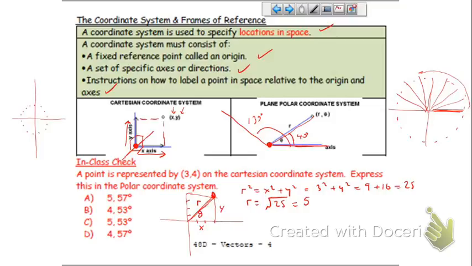And then what's this angle? Well, you go tan theta is equal to y over x, which equals 4 over 3, which equals 1.3 recurring. So theta is equal to tan to the minus 1 of 1.3 recurring. And somewhere I have my calculator.